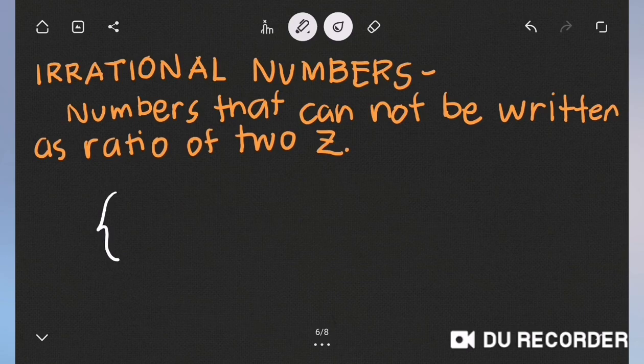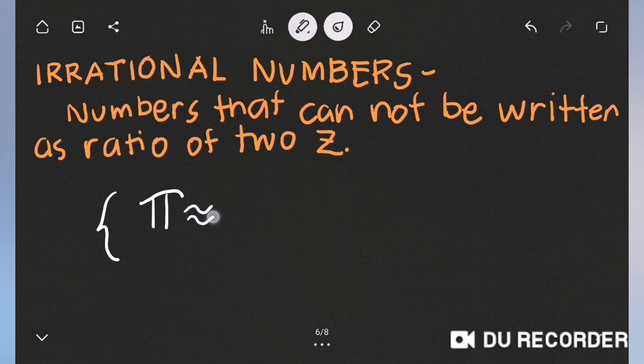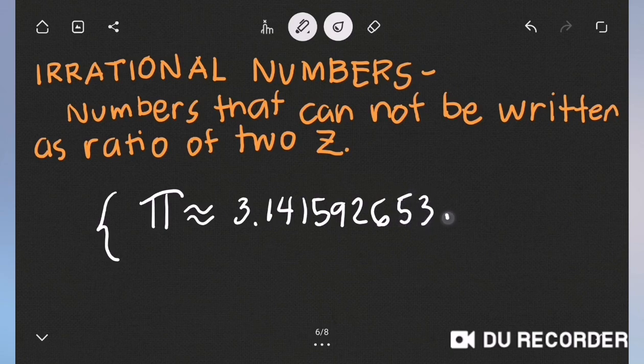Okay, so ano ba yung elements or example ng irrational numbers? We can consider, let's say, the value of pi as irrational. Kasi approximately, ang value ng pi is equal to 3.14159265 and so on.